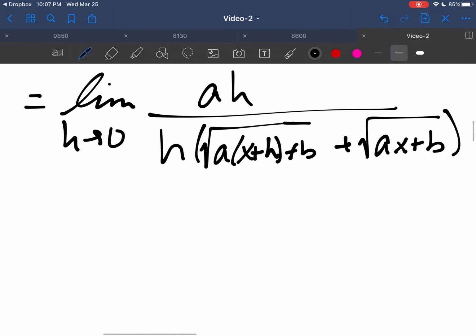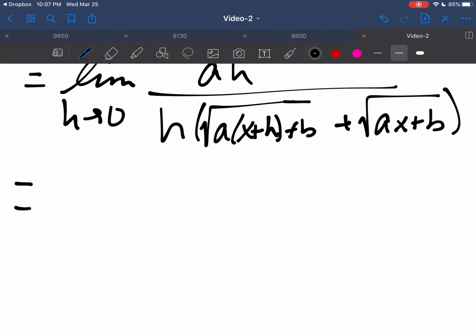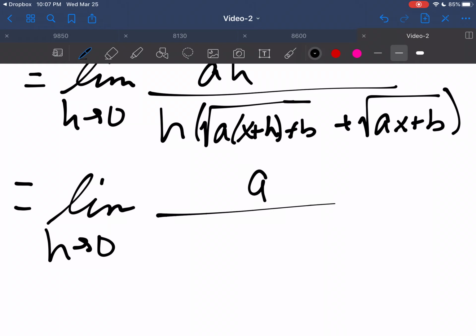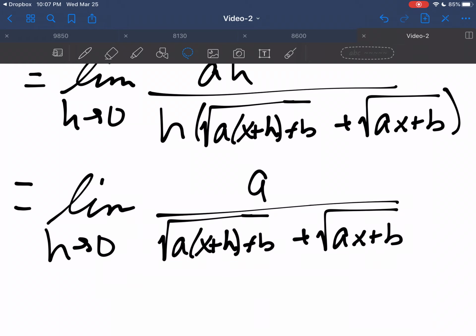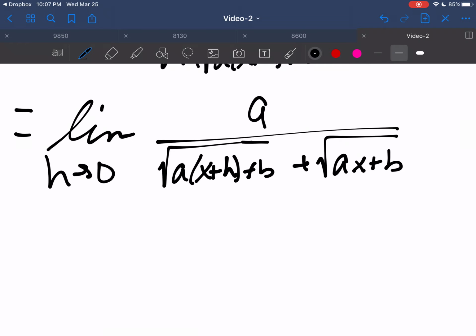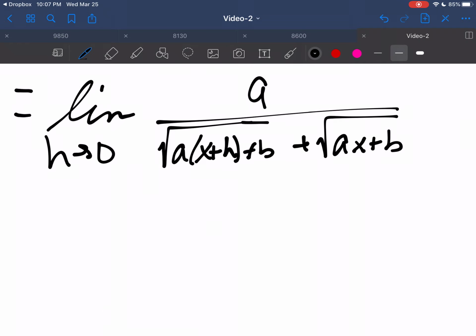Alright, our h's cancel and we're left with the limit as h approaches 0 of a divided by our conjugate. Then we can evaluate the limit, plug 0 in for our h.